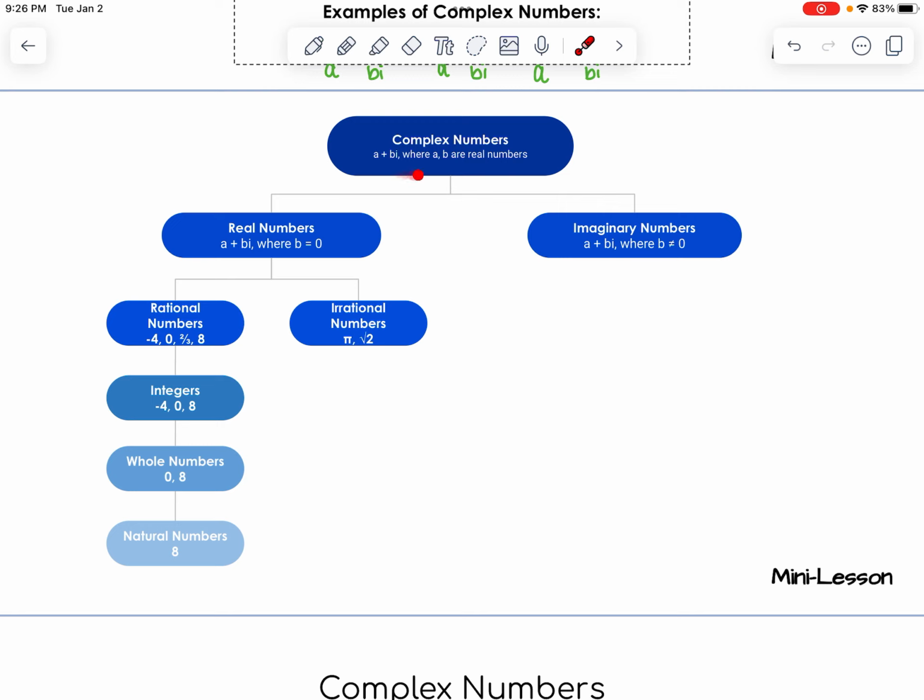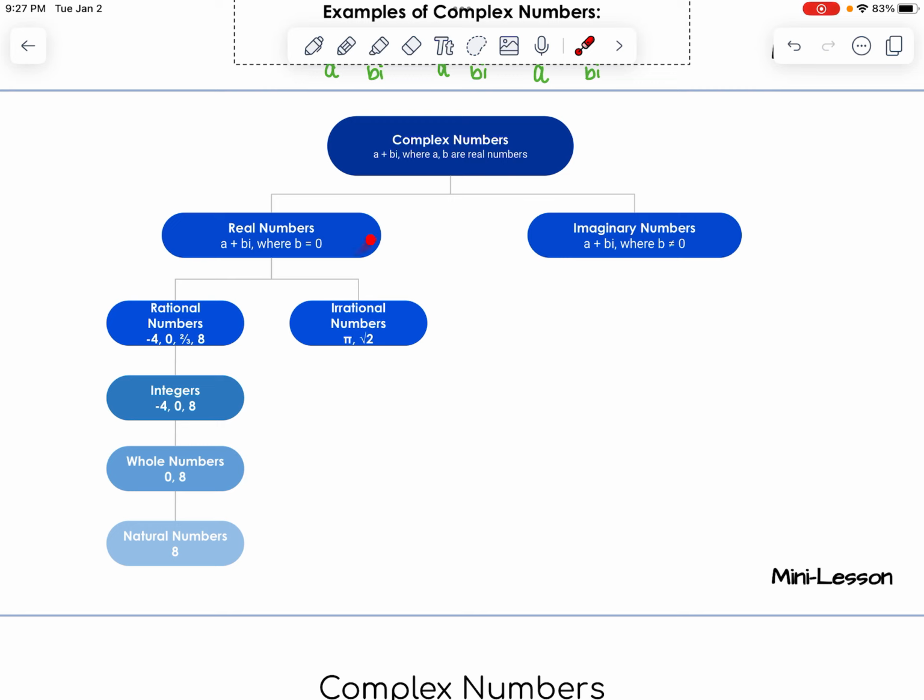So for a complex number a plus bi, if a is 0, that would make it an imaginary number because you'd be left with just bi. So anytime you don't have a real part, it becomes an imaginary number. But for real numbers, that would be if b was equal to 0. So that's when we don't have the imaginary part, but we have the real.